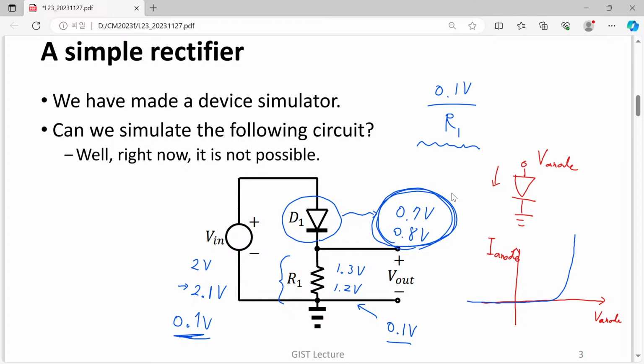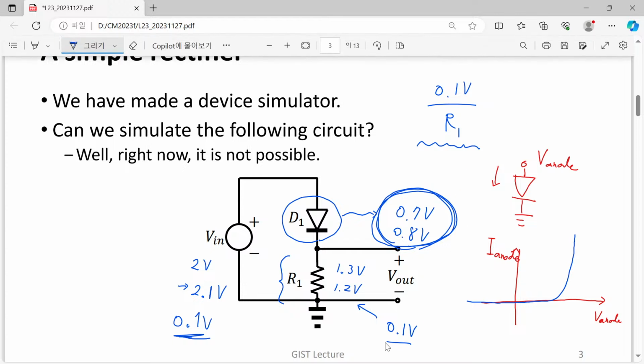However, if we apply 0.1 volt to our D1, then what will happen? The increase of D1 current will be given by the current value of ID1 times the exponential of 0.1 volt over the thermal voltage. The minus 1 is negligible because that exponential factor is quite high.